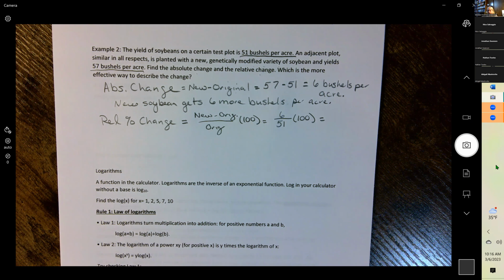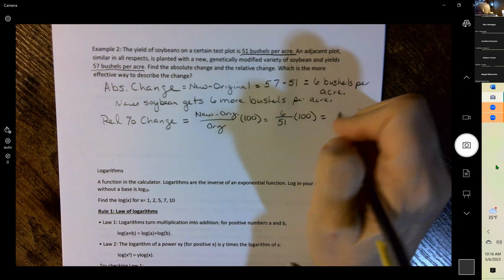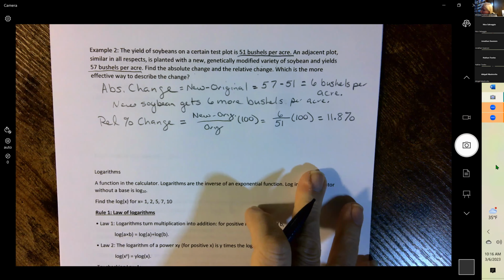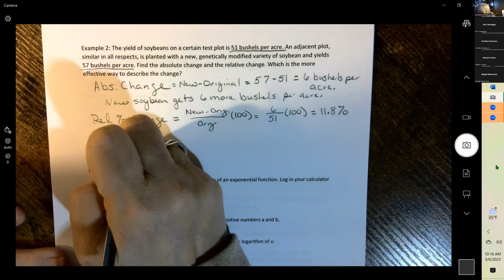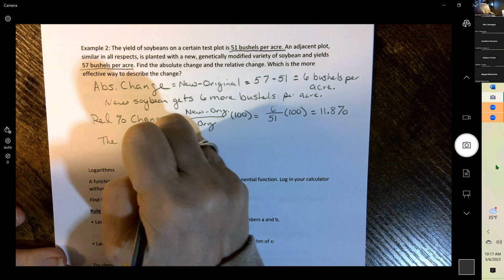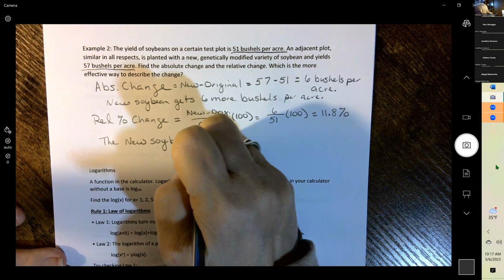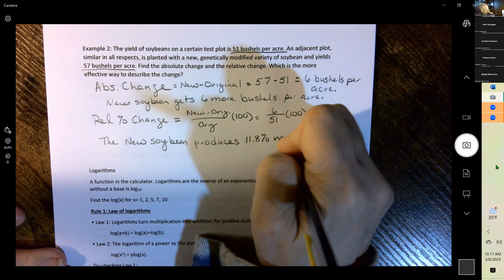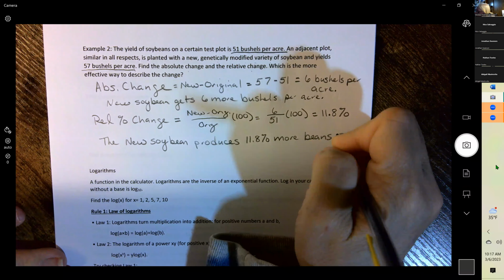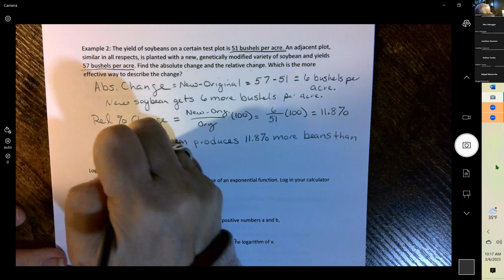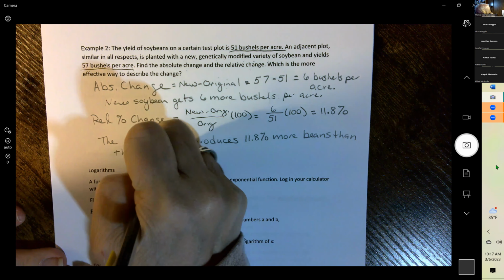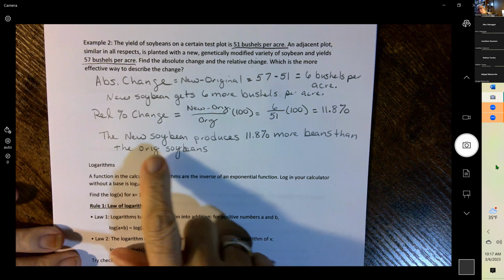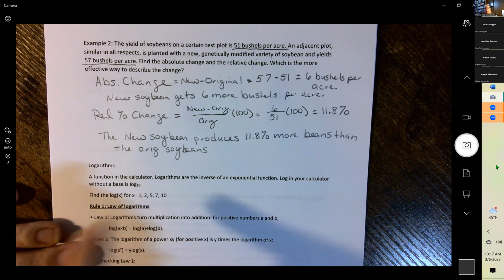I'm going to go one decimal place this time. The new modified soybean produces 11.8% more beans than the original soybeans.